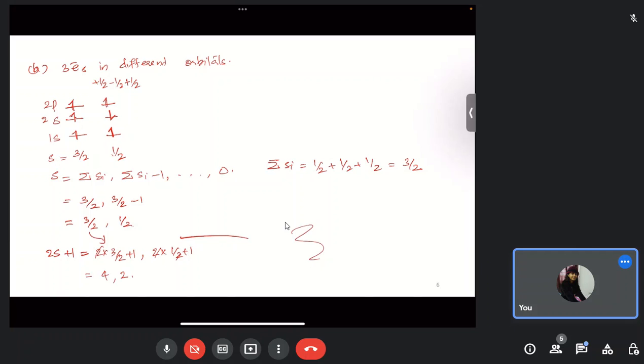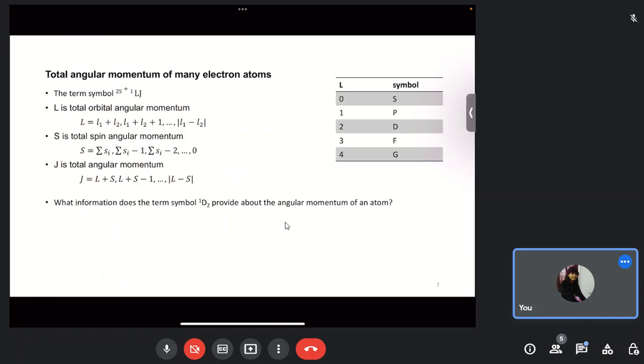So the multiplicity associated with these S values is 4. So we are sort of done with this particular question.